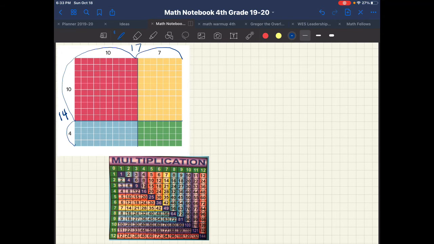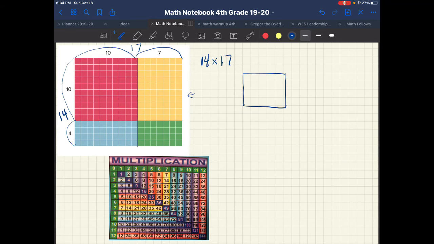So I have 14 rows of 17. I have 14 rows or groups of 17. And again, I can make a rectangle that is a model of this picture over here. But I don't want to draw that many little boxes. I could, but it would take me a long time.